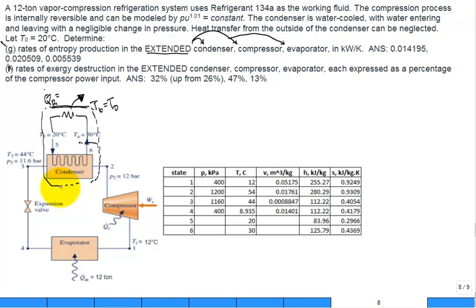Okay, so if we do that, then what we find is that the sigma dot inside of this extended condenser control volume is equal to the mass flow rate times the S3 minus the S2, just like what we had before.